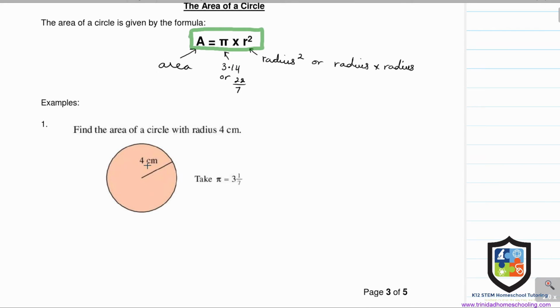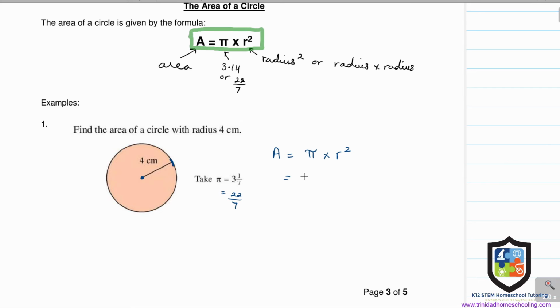Let's find the area of this circle with radius 4 centimeters. Now, if this is the radius, it means it's starting from the center of the circle to one end of the circumference. Okay, they said to take pi as 3 1/7, which is 22 over 7. So let's find the area of this circle. So the area is pi multiplied by the radius squared.